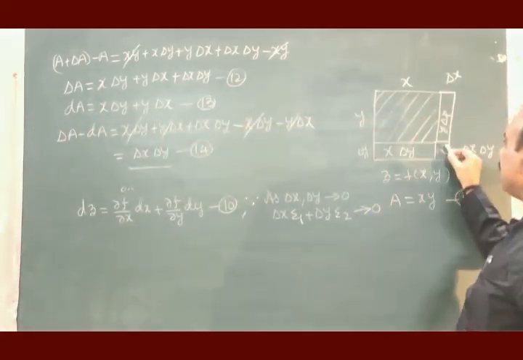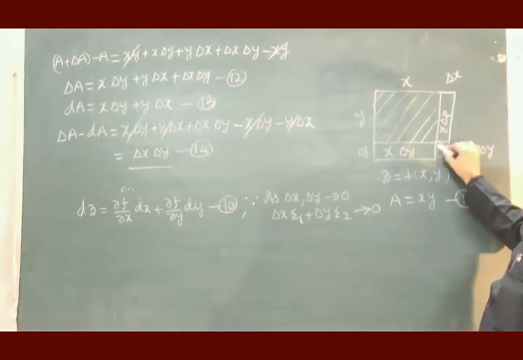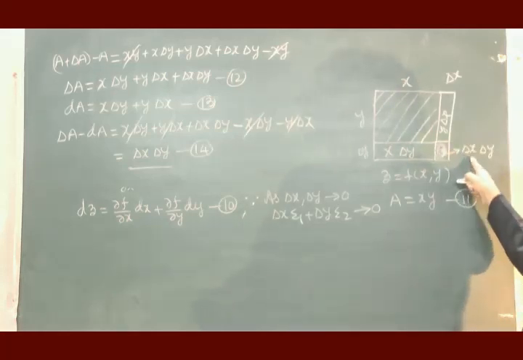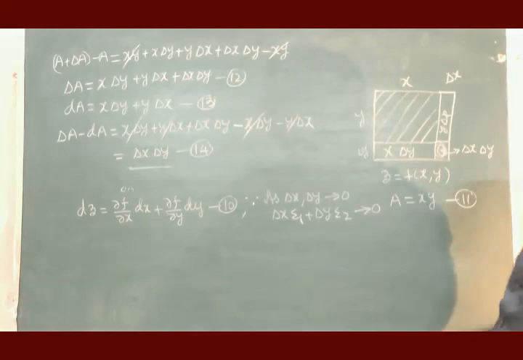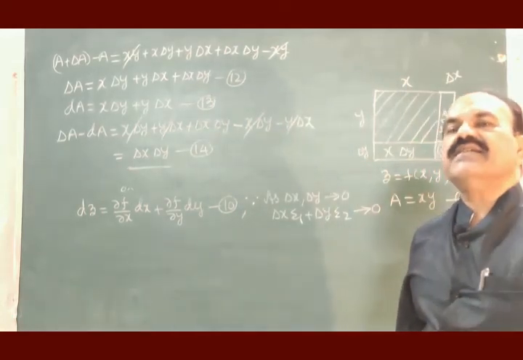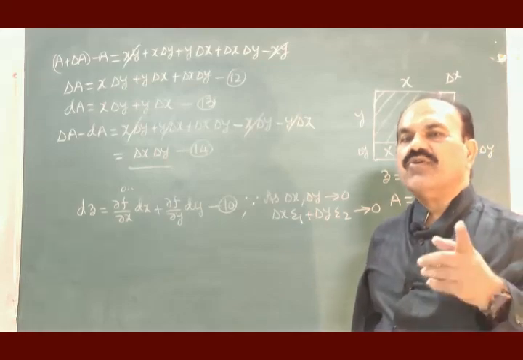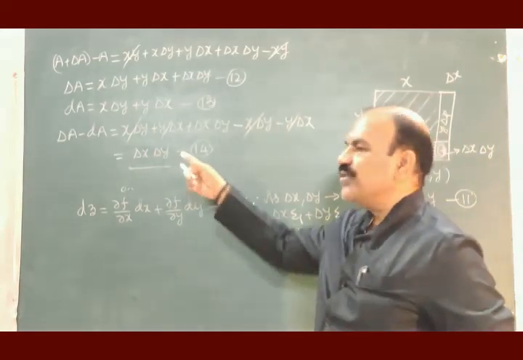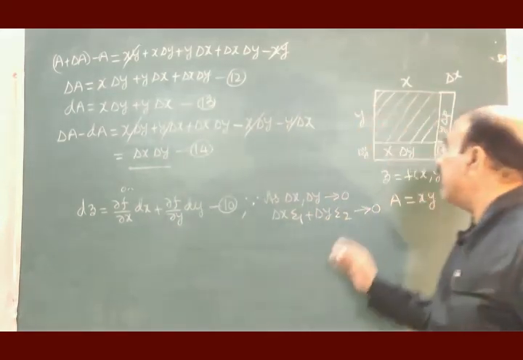You can see the error here. This is delta x into delta y. So, the error in the estimated equation for total differentiation comes out to be delta x into delta y.